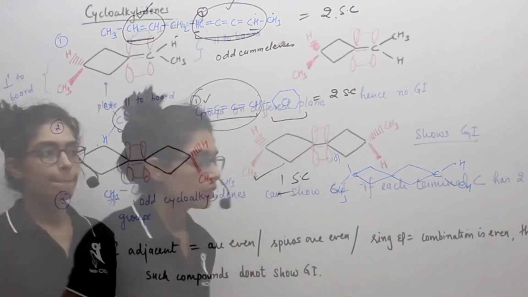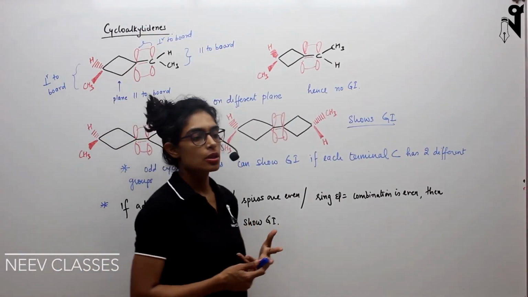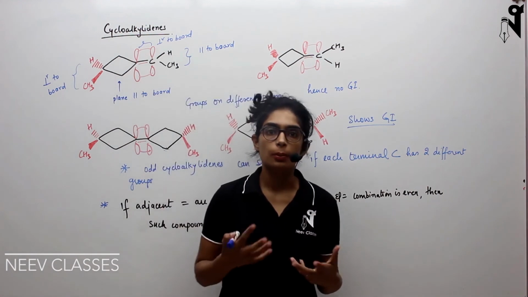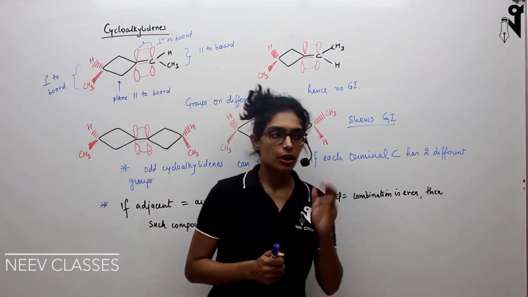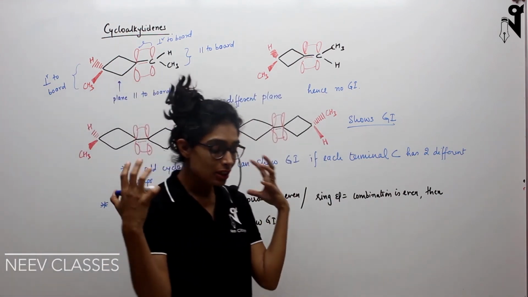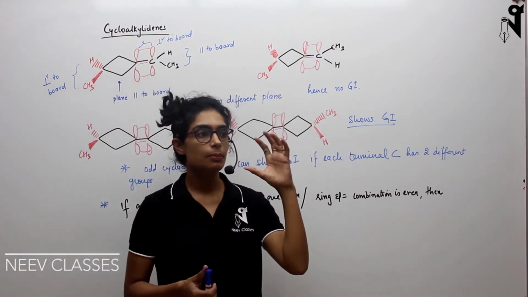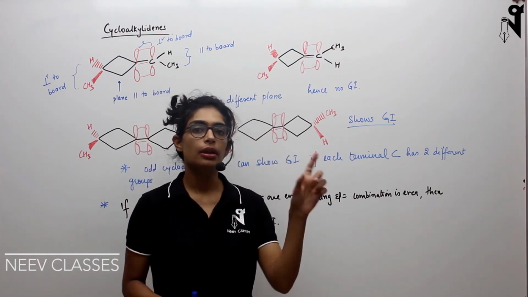Okay, so now we'll discuss cycloalkylidenes, which is again one of the cases of carbon double bond carbon, some weird cases where we have to figure out whether GI happens or not. So what are these compounds? The compounds which have some cyclic chains, then double bonds, and again cyclic chains, and then double bonds, and so on.